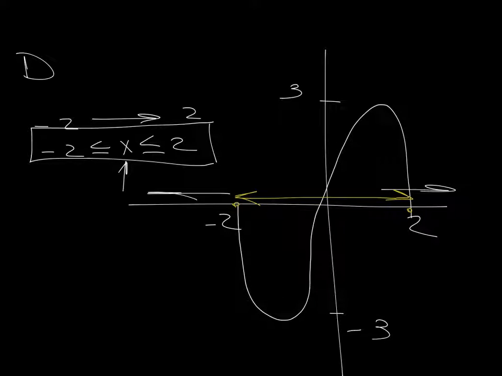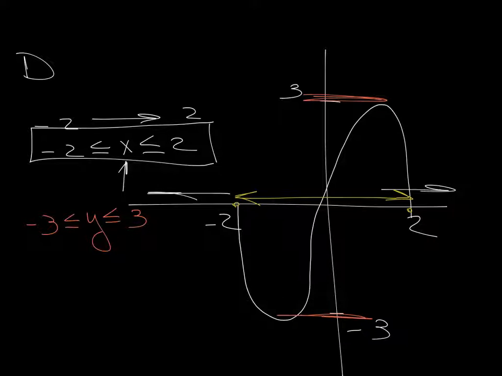Now let's look at the y value. The y value goes up to 3 and down to -3. So we write it the same way: -3 is less than or equal to y, because we're talking range now, and range is y, and goes up to 3.